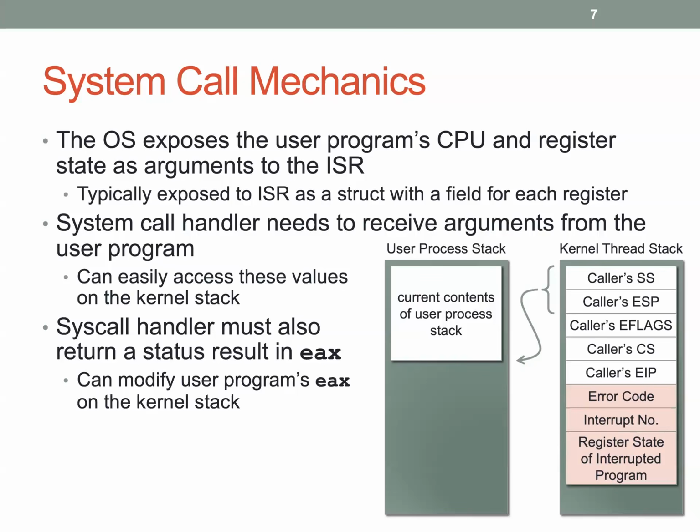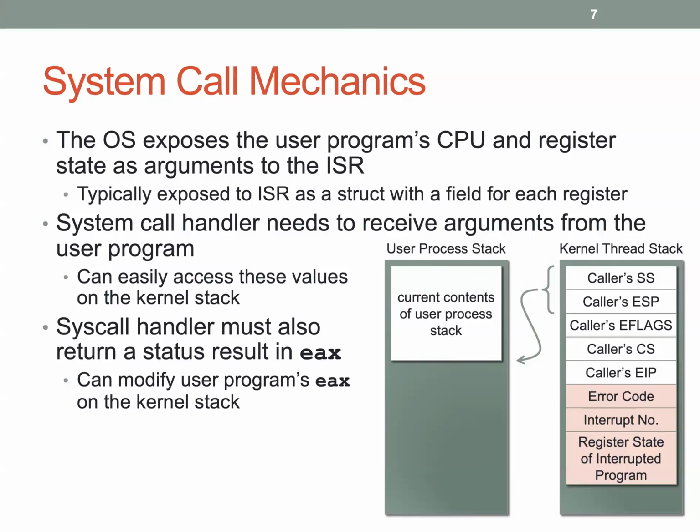And when it needs to return a value to the user mode program, saying this is what happened with the system call, it can go and mutate the register state of the interrupted program. So it can set EAX, the field in the interrupt frame, to whatever value it needs to set it to.